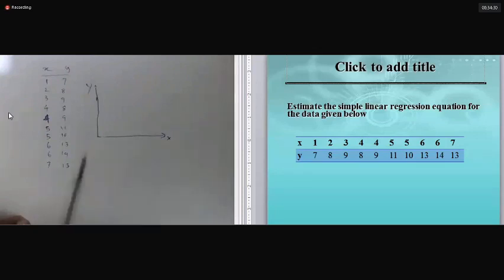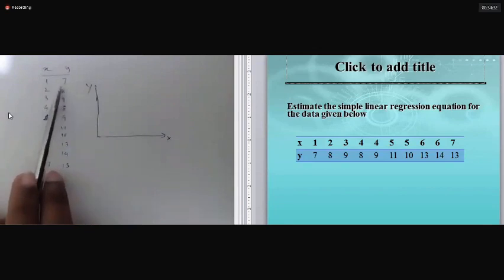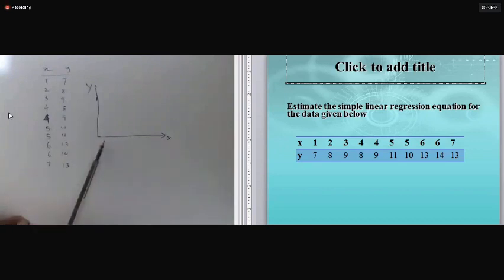For example, the first coordinate is 1, 7. The coordinates are 1, 7, 2, 8, 3, 9, 4, 8, 4, 8. No need to draw it to an exactly correct scale. Just roughly plot and tell me what the relationship is.